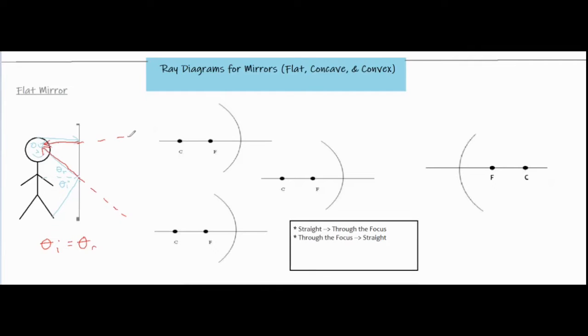So it appears like the top of the person's head is over here, and it appears as if their feet are over there. And we call this a virtual image because we see something that is behind the mirror where the light isn't actually collecting behind the mirror. So that's called a virtual image because it's on the opposite side of where the light is actually coming from or bouncing around.